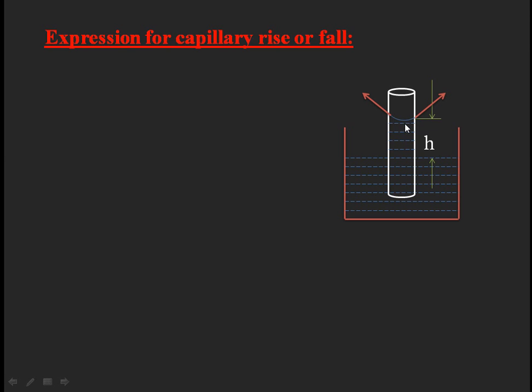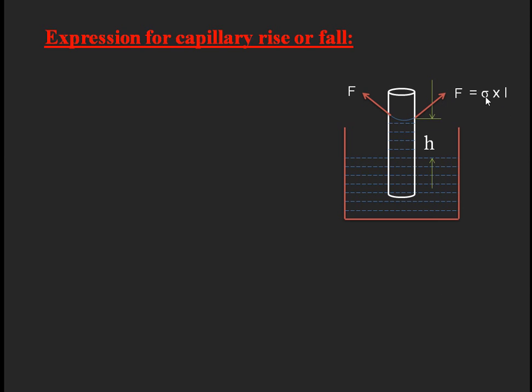Water is one fluid and the air above the surface is another fluid. When these two are in contact, surface tension automatically takes place over the surface of the liquid in the glass tube. This direction represents the force acting due to the surface tension.